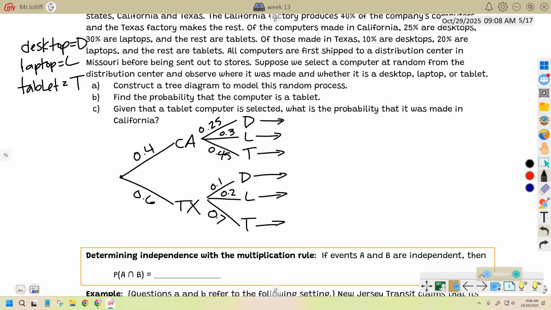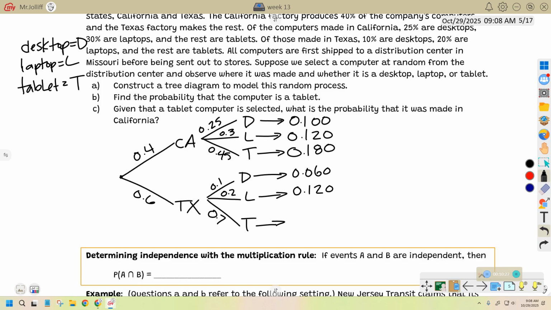So for California desktop, 0.4 times 0.25, which I think is 0.2, but I could be wrong. 0.1, because I know what a quarter is. I just can't do math in the morning. So 0.10, and then we follow that process. So 0.4 times 0.3, 0.12, 0.4 times 0.45 is 0.18. 0.6 times 0.1 is 0.06. 0.6 times 0.2 is 0.12.